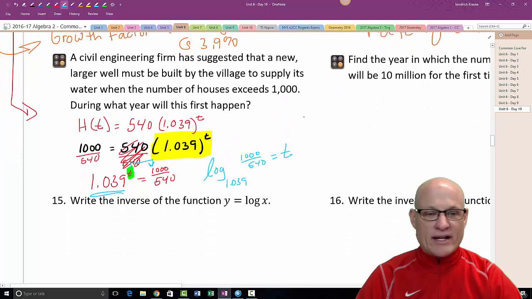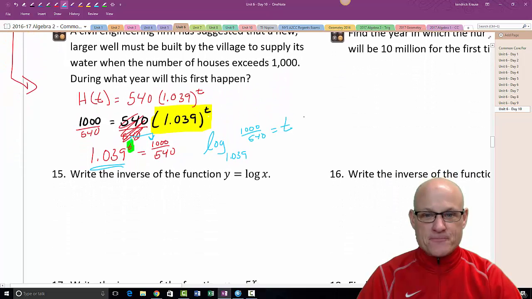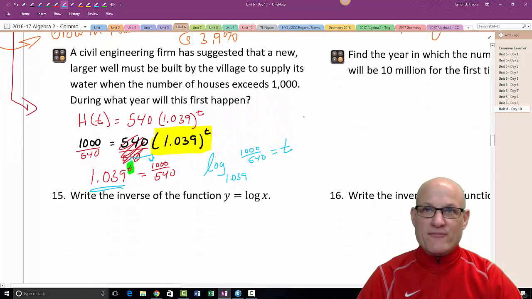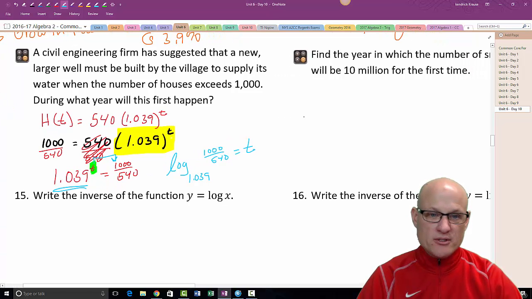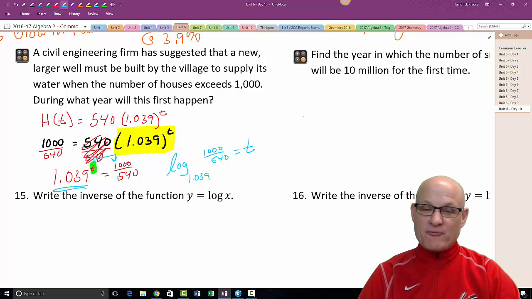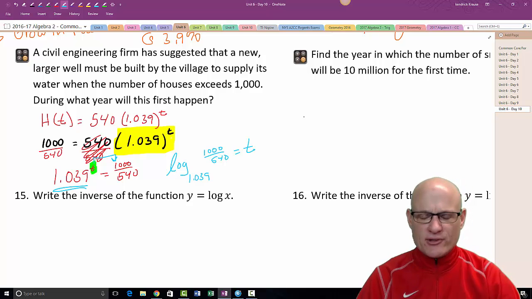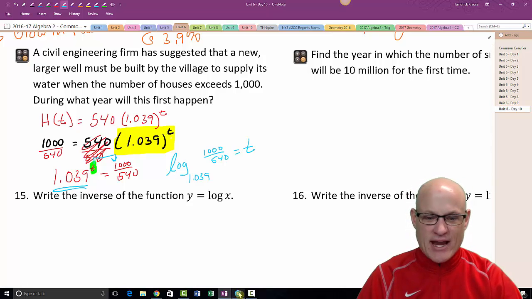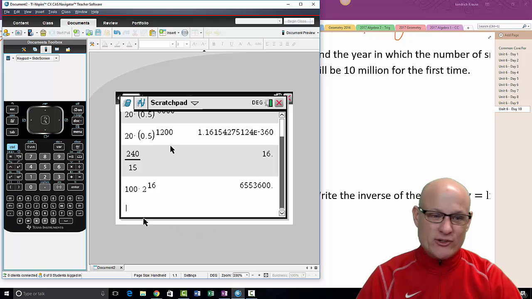I want to know when it's going to be 1,000, and we're growing by almost 4% a year. I don't know, what's it going to take, 20 years maybe? If I come up with a number like 10,000, that doesn't make any sense. Maybe 10 years, maybe 15, maybe 20, but certainly not 10,000 years. So make sure your answer makes sense when you do it.